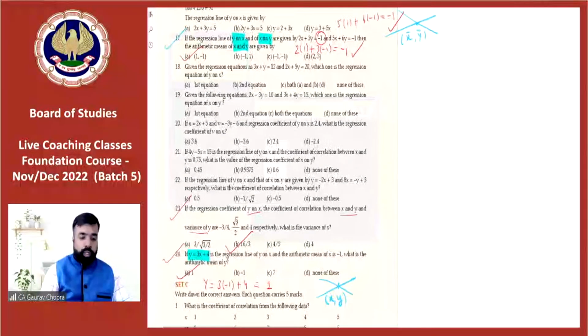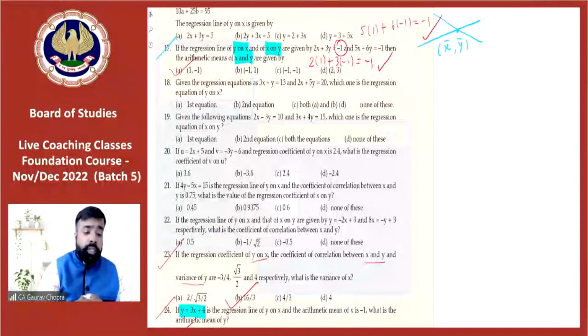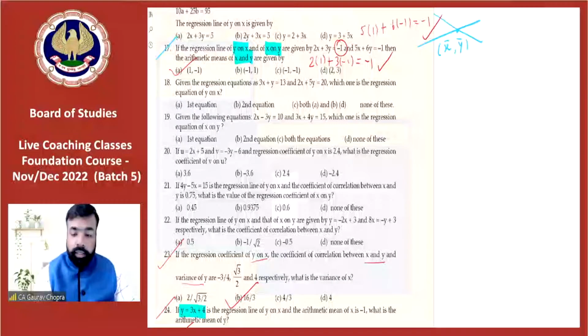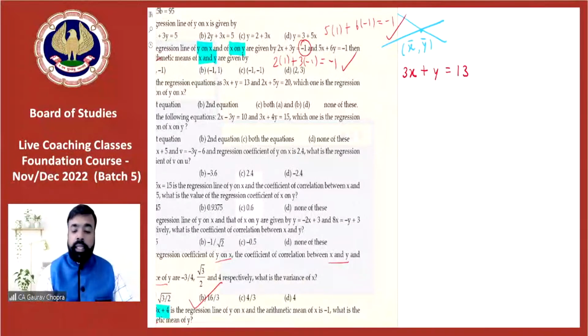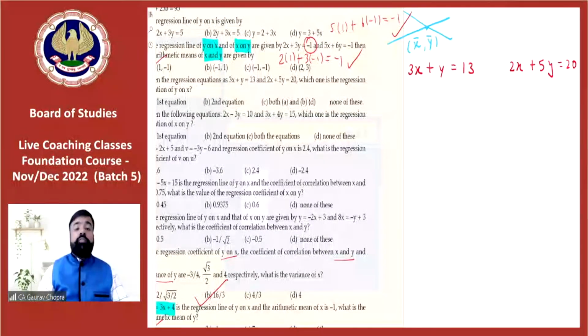Now question number 18 says, given the regression equations as 3x plus y is equal to 13, and the second equation is 2x plus 5y equal to 20. These are the two equations, and we have to find which one is y on x.